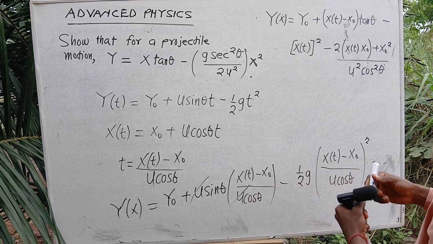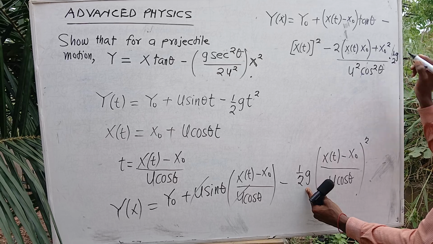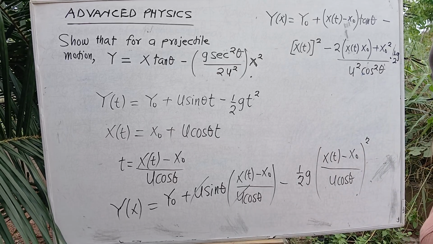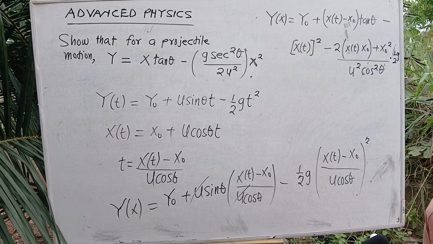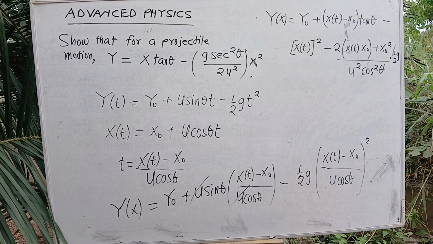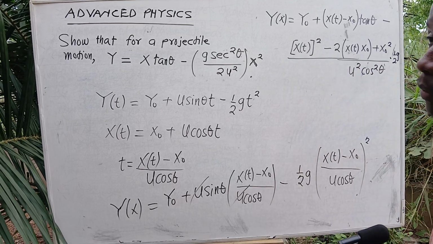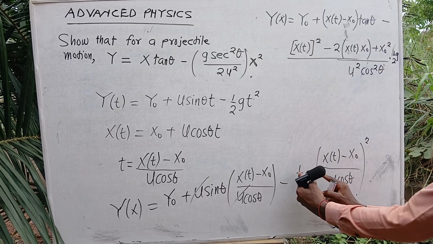Then we multiply everything by half of g. So times half of g. That's what we have, with the whole of this divided by u squared cos squared theta. The whole of this quantity divided by this and times half of the g.